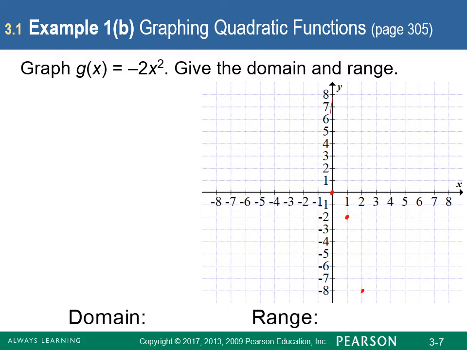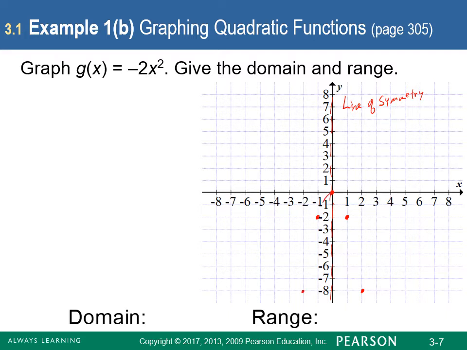This is the vertex, so there is again an imaginary line going through the vertex, straight up and down, called the line of symmetry. You'll be asked about that in some of the questions. Since there's a dot here at 1, negative 2, there's going to be one here at negative 1, negative 2. Symmetric with it. And likewise, there will be a dot at negative 2, negative 8.